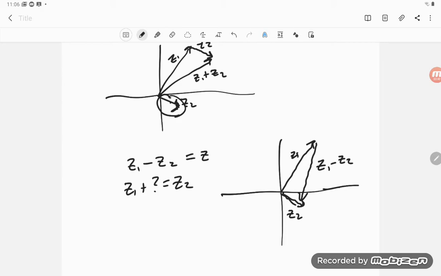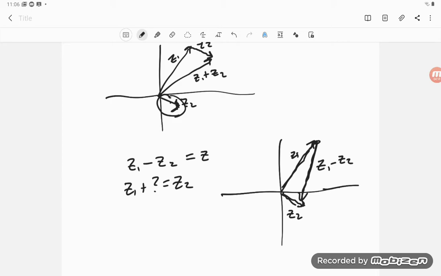I connect the heads, and the tail of the answer started at Z1, the thing that was subtracting Z2, and ended at Z2. But how did that work? Well, I added Z1 plus this vector to get to Z2. So that's kind of geometrically how I come up with Z1 minus Z2.